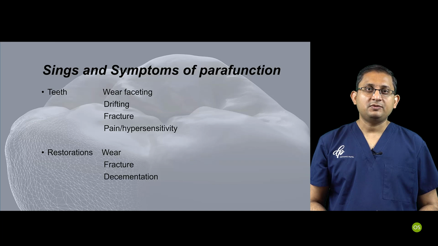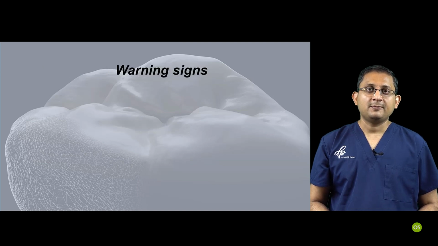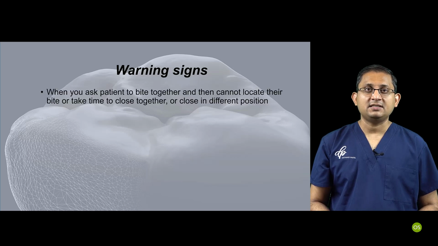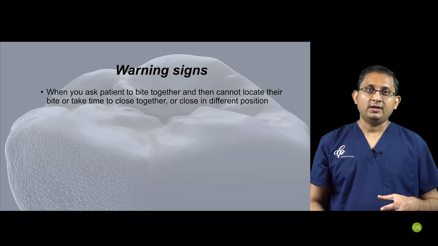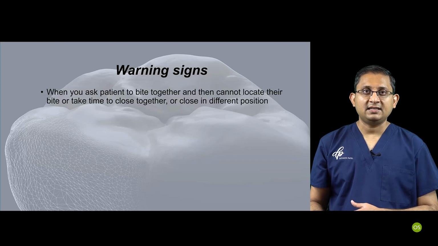However, sometimes you see patients who don't have these obvious symptoms. So how do you know that this patient has a parafunctional activity? One of the ways is by asking them to close their teeth, relax, and trying to manipulate that jaw. If the patient cannot close their jaw in the same direction easily and have a stable ICP, you can maybe consider going down the route of further investigation for parafunction.